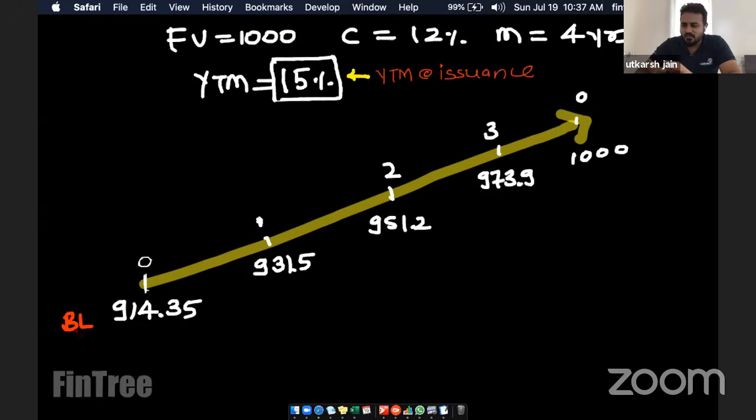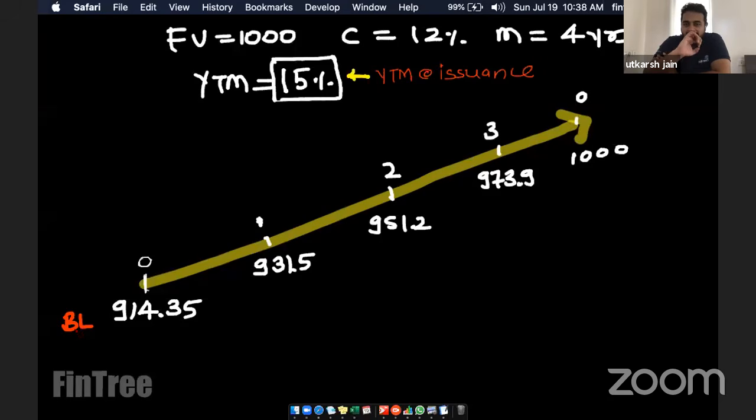This is where it gets very interesting. Let's assume you're the owner of this bond. You bought the bond. What is your annual earning here? Are you earning 12% every year, or are you earning 15% every year? Because every year you're going to receive 120.